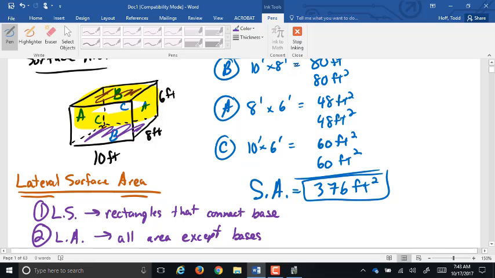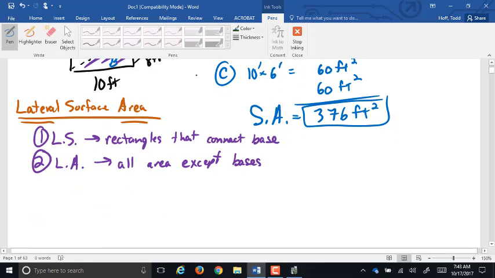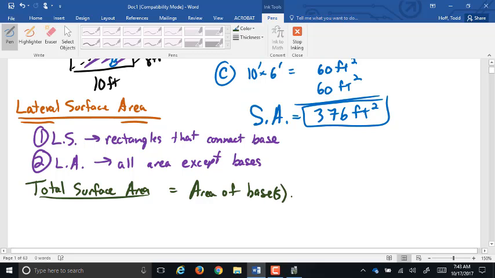Well, if I look at this defined surface area then, total surface area, it's just going to equal the area of the bases. Notice I put that S in parentheses there because we will run into shapes that only have one base instead of 2, plus the lateral area.